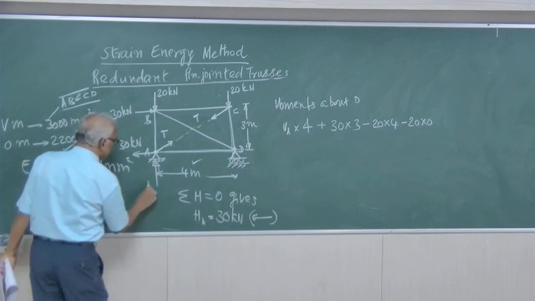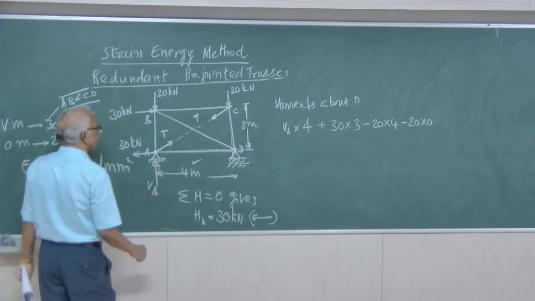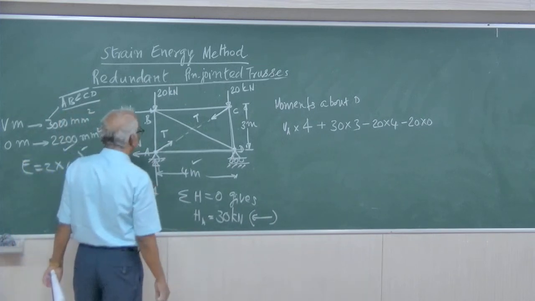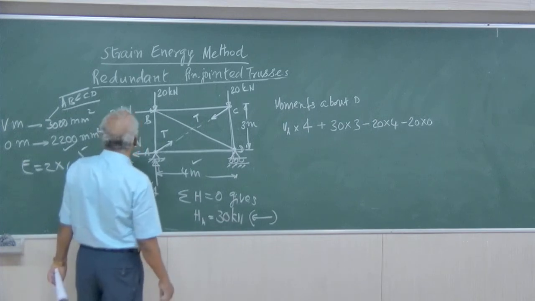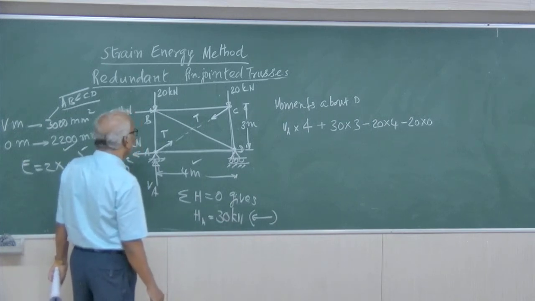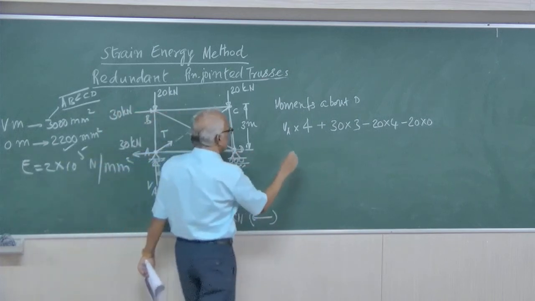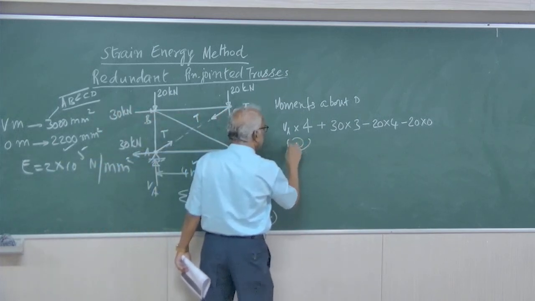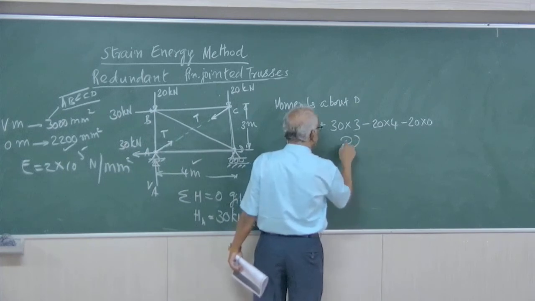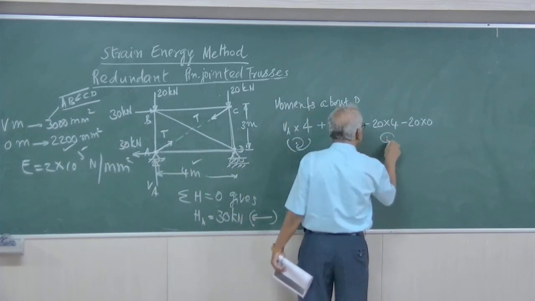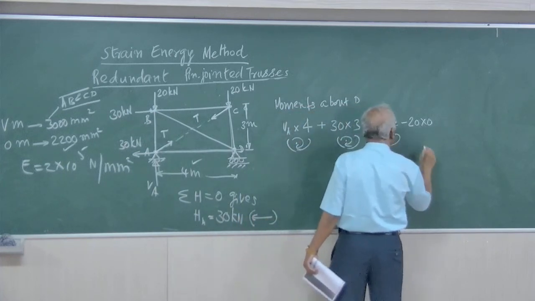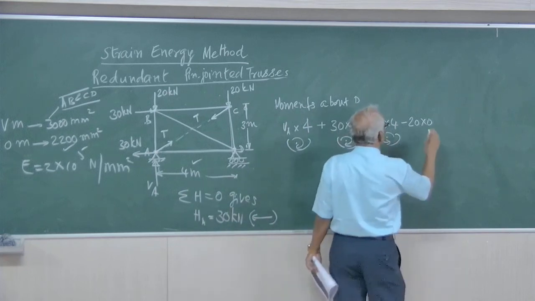Therefore this is VA into 4 minus 20 into 4 plus 30 into 3, because VA into 4 is clockwise, 30 into 3 is also clockwise, 20 into 4 is anti-clockwise, and here it passes through the point, equal to 0.